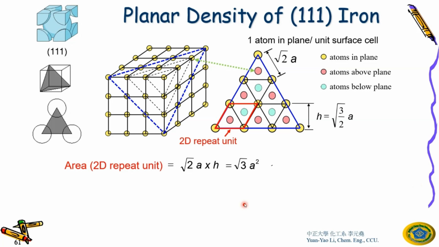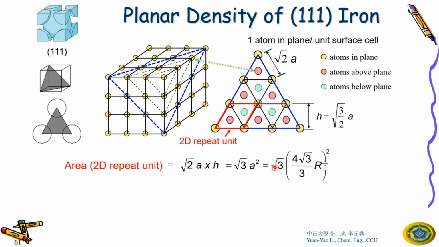An important thing is for the BCC, you need to know the relationship between a and the radius again. So you know this a equals this, as we just mentioned in the previous slide. Because I won't tell you the edge length in your final exam, but I will tell you the radius of the atoms in your exam paper.